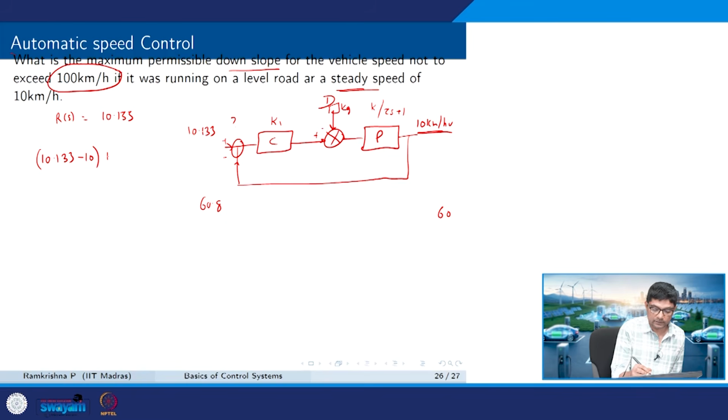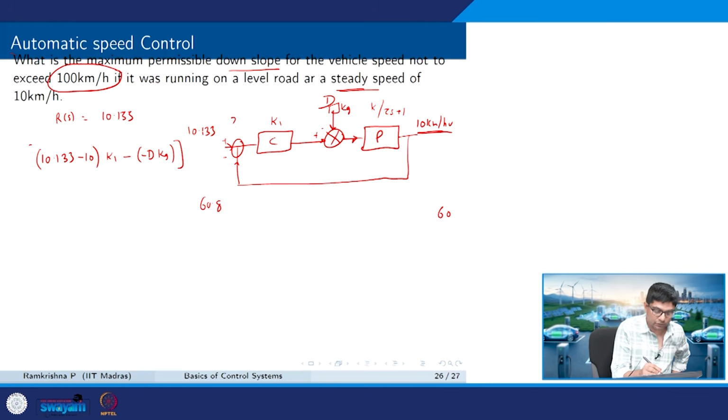This error signal gets multiplied by K1. Now, my slope will be minus. The slope, if this is plus 30, this should be minus 30. So, this will be minus D times Kg. That is the signal which this plant observes.